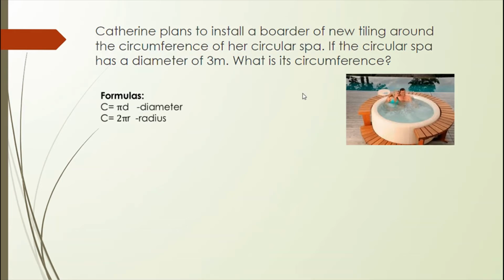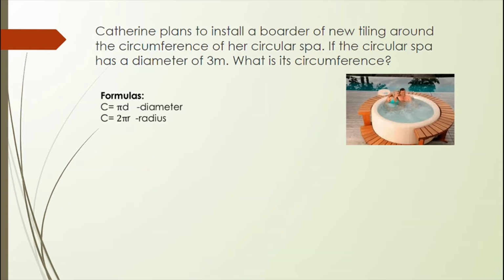We use this second formula if the given is the radius, and we use C equals pi times d if the given is the diameter. Since in our problem the diameter is given, to find the circumference we are going to use C equals pi multiplied by diameter.